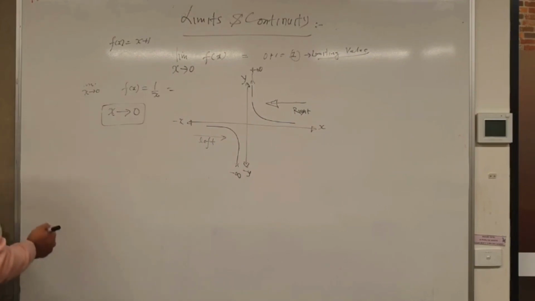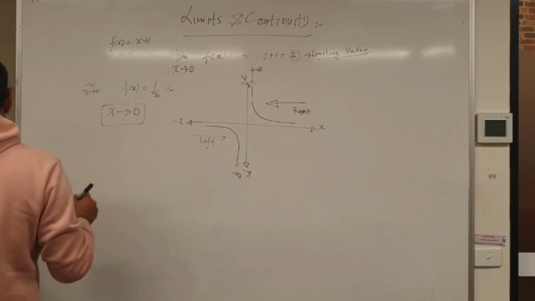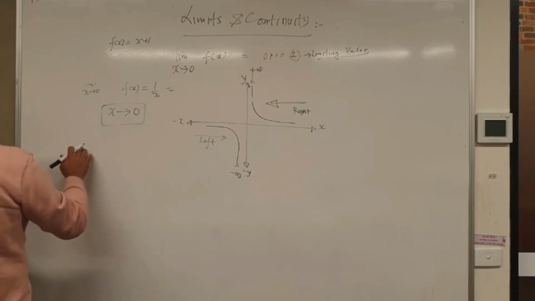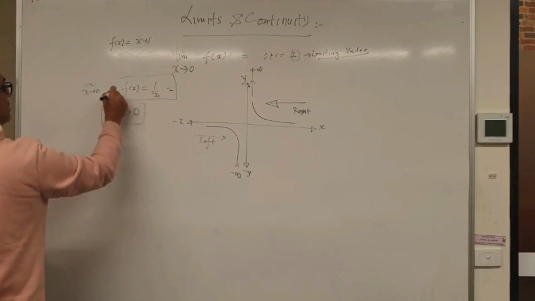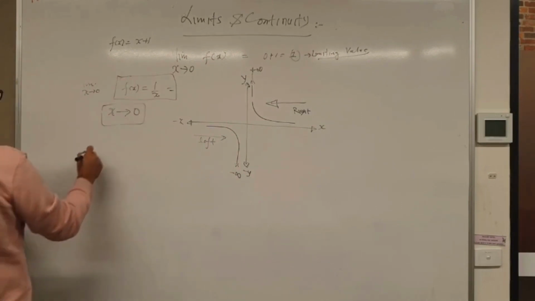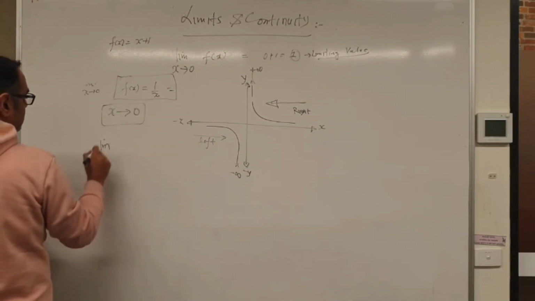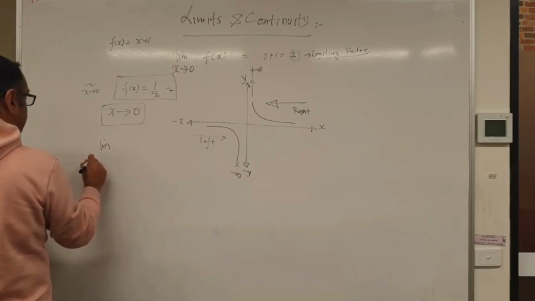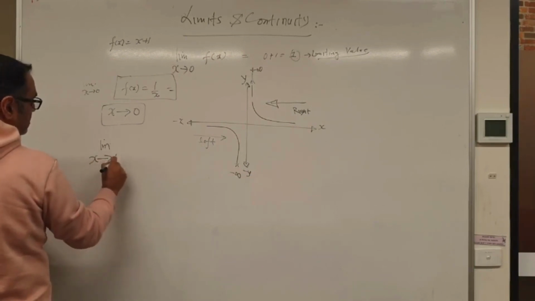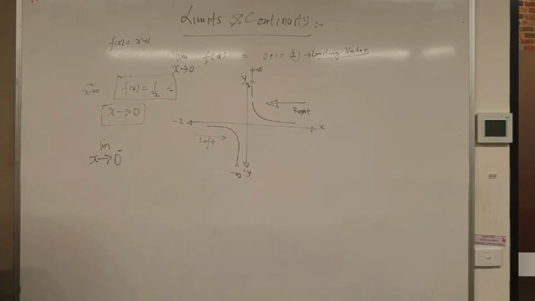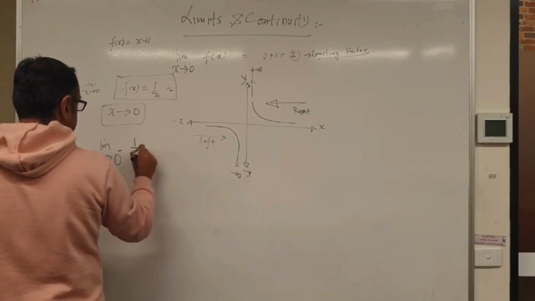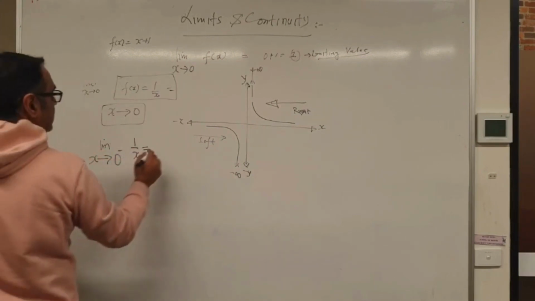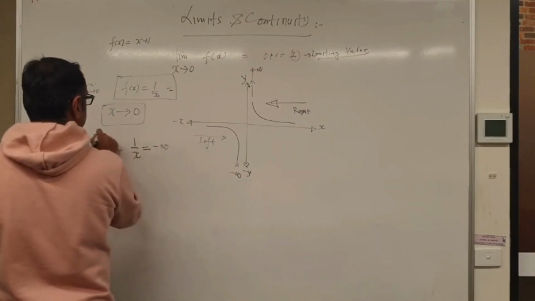So if this is f of x, I will say the limit as x approaches 0 from the negative side, 1 over x is approaching negative infinity.